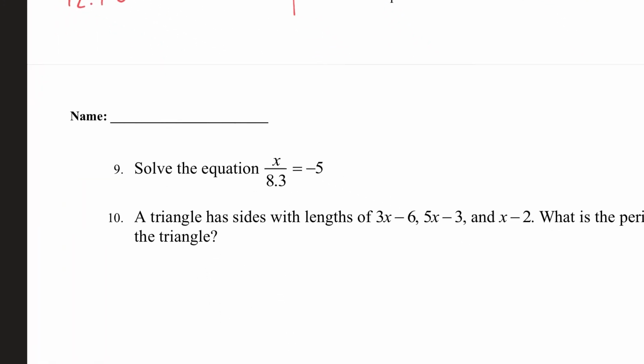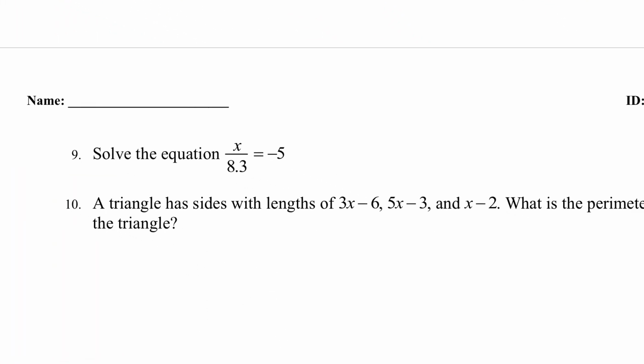Number 9, another solve equation. So I'll bring this over here. That's division, right? So to get the answer, we would do the inverse, which is to multiply. I simply multiply these two numbers together. So x is going to be negative 5 times 8.3.